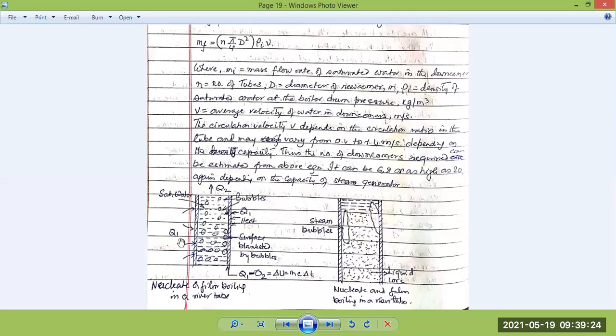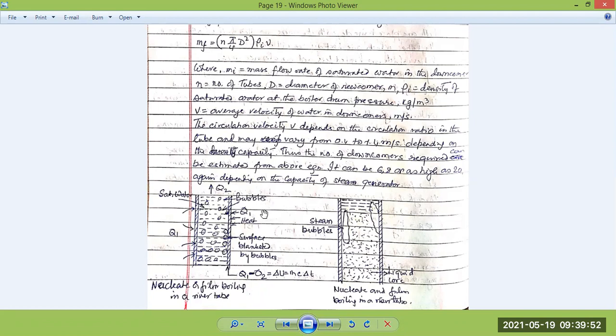Now what is shown here is nucleate and film boiling in the riser tube itself. What you see here, the tube itself is full of water, and the vapor bubbles are formed inside it.